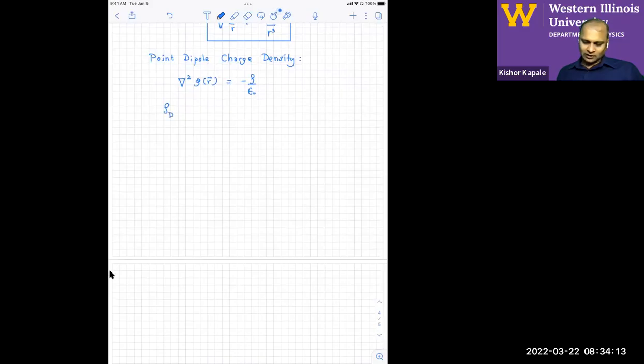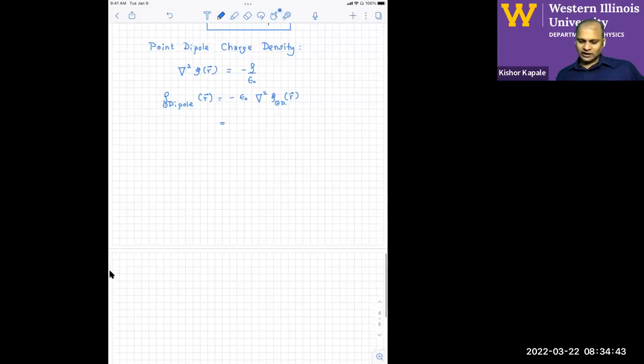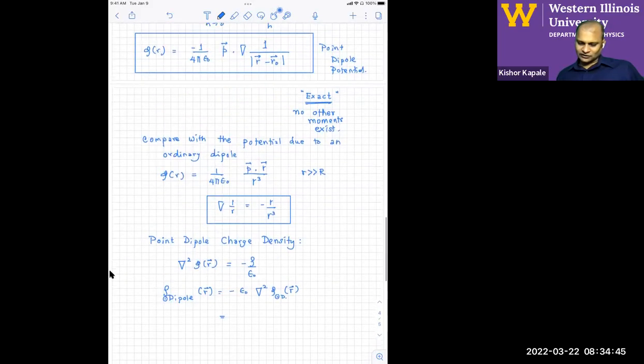So the dipole, this is actually a point dipole, so I'm going to do it this way. The point dipole charge density rho of r is going to be negative epsilon zero del squared of the point dipole potential of r. That's how you are going to calculate that. And so let's do a del squared of the expression that we found for the point dipole, which is here, right?